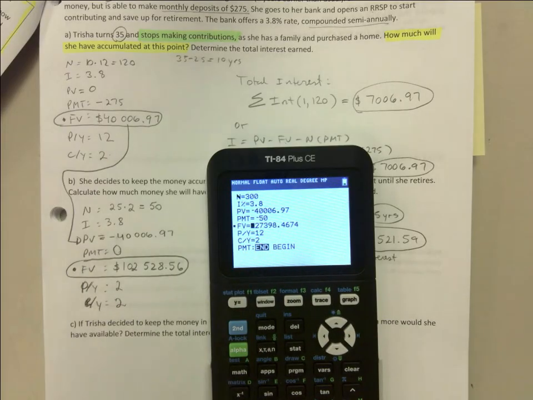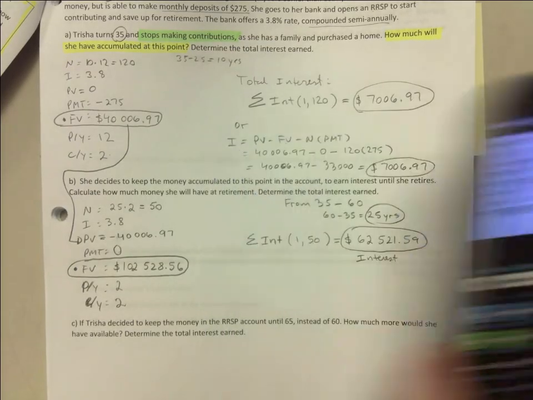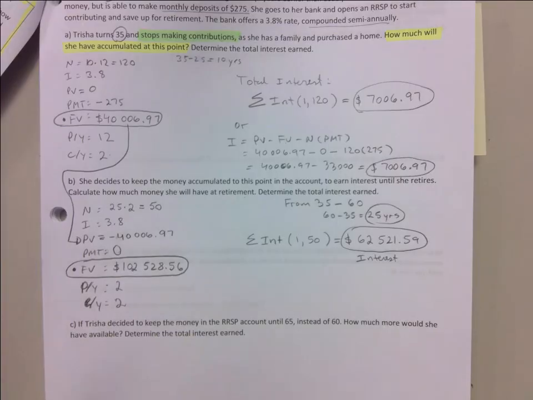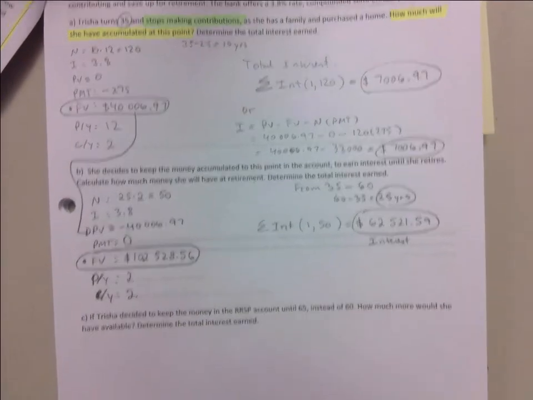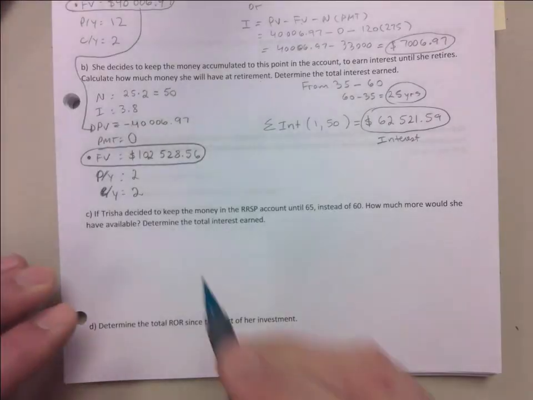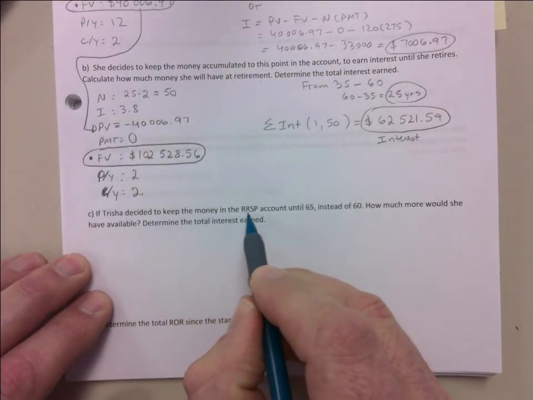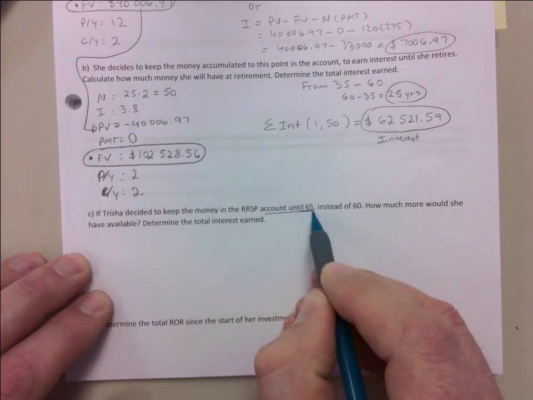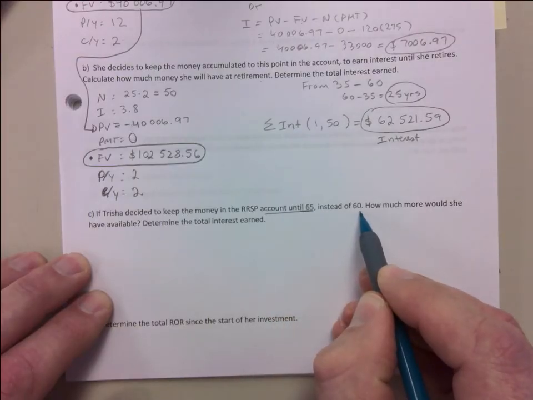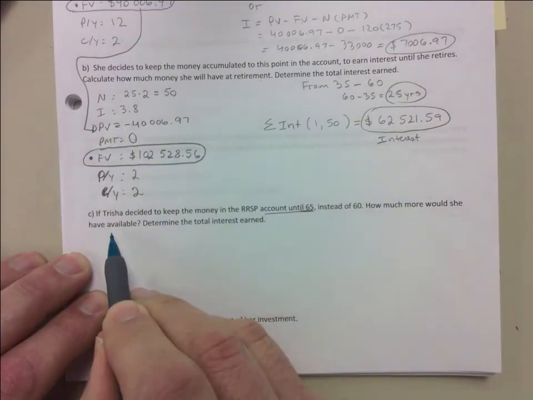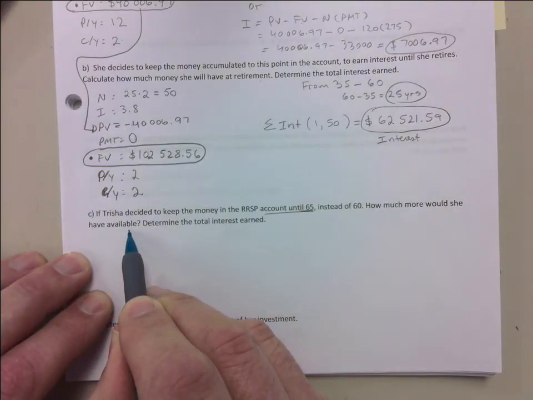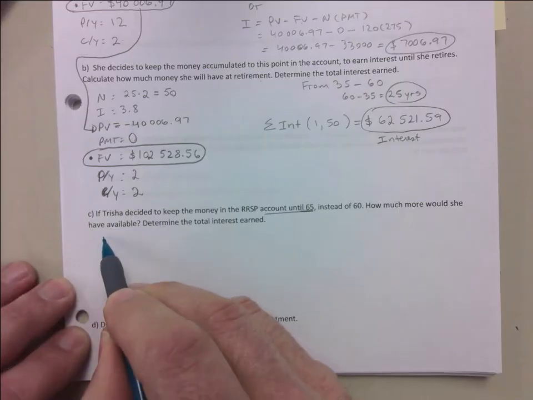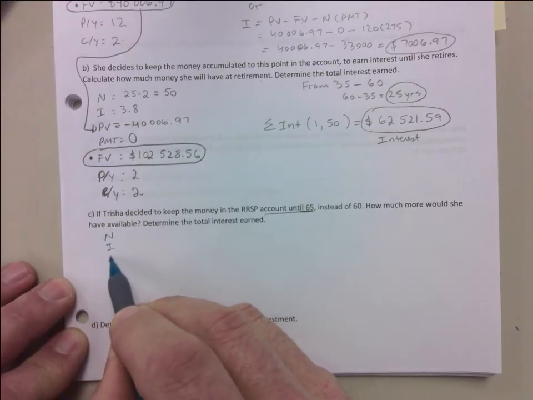So there's a lot of ways to ask what if you make changes to this. Okay? One more here. If Trisha decided to keep the money in the RSP until 65 instead of 60, how much more would she have available? Let's do the TVM solver here.